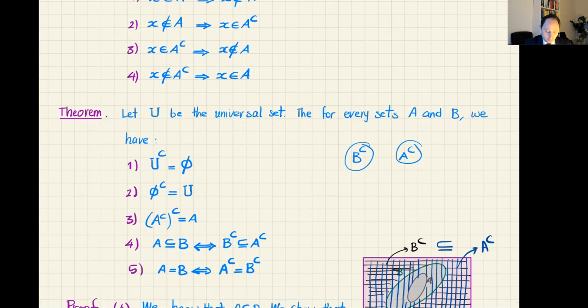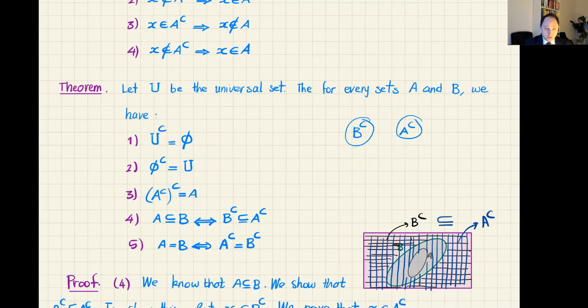We learned that the complement of the universal set is the empty set. The complement of the empty set is the universal set. And if I take the complement of a complement, then it becomes the original set. One important thing was that if A is a subset of B, and I want to take the complement of both of them, I'm not allowed to keep the direction.